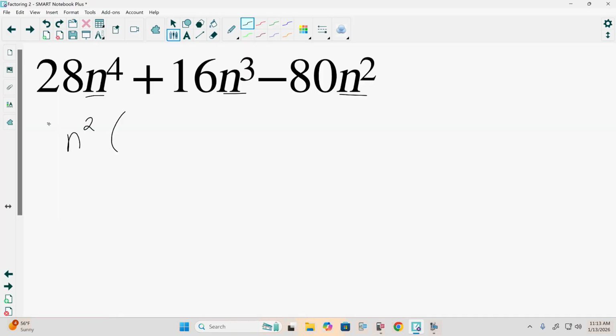So we can factor out a 4 because 4 is in common in all three. So what we're really doing here is dividing each of these by 4n squared. 28 divided by 4 is 7. N to the fourth divided by n squared is going to give us n squared.